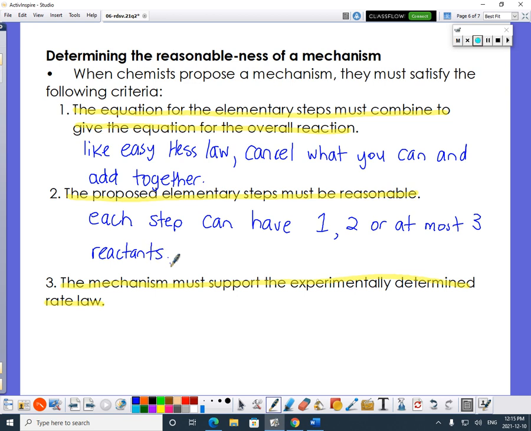You can just write 1, 2, or 3. You don't have to put unimolecular, bimolecular, but if you want to use those words and sound fancy, that's fine too.